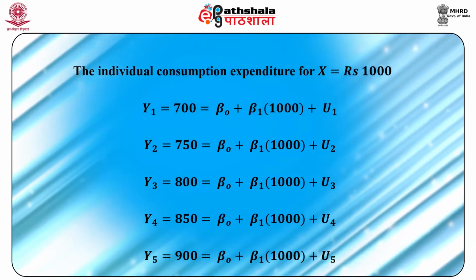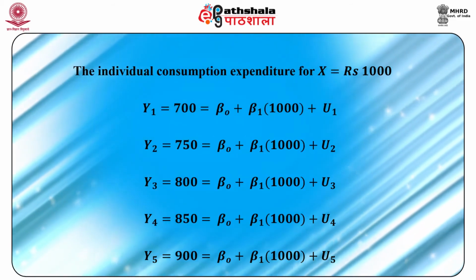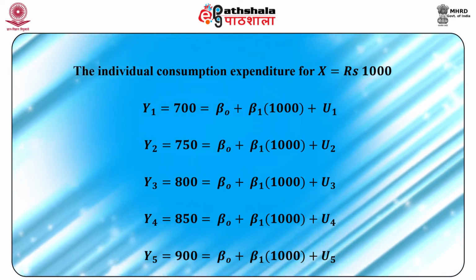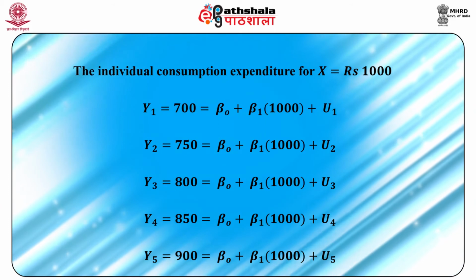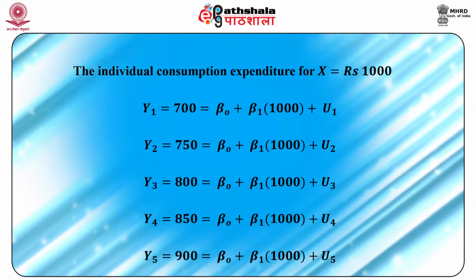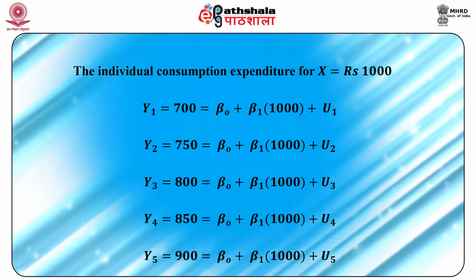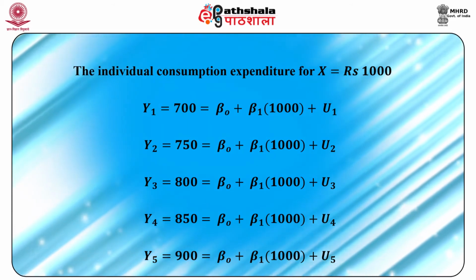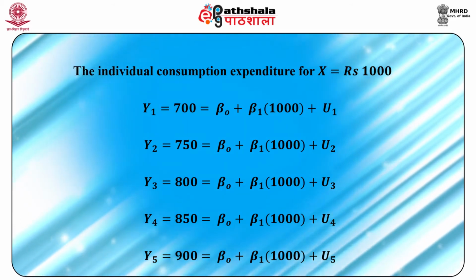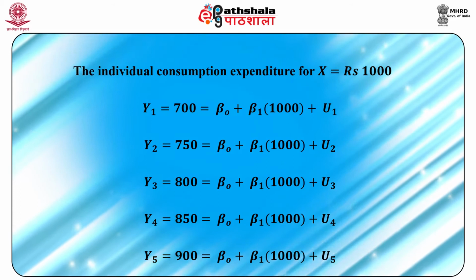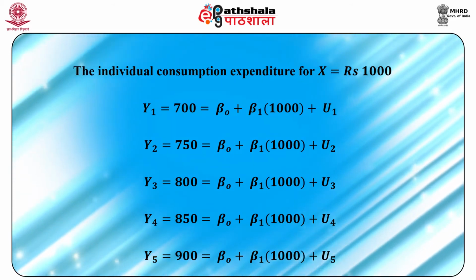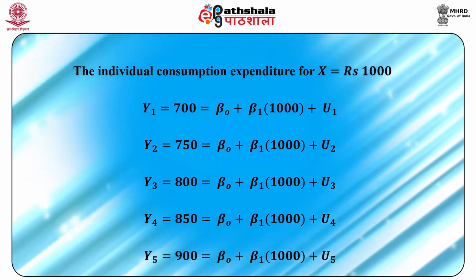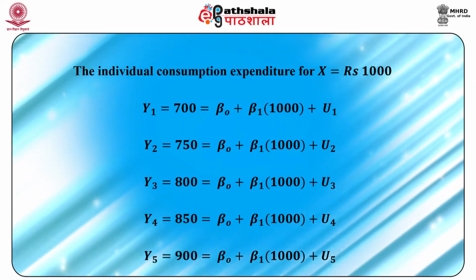Now, to understand the issues more clearly, we write the hypothetical example in our table 1 in the form of equation 3. The individual consumption expenditure for x equal to 1000 can be written as y1 is equal to 700 is equal to beta 0 plus beta 1 into 1000 plus mu 1.